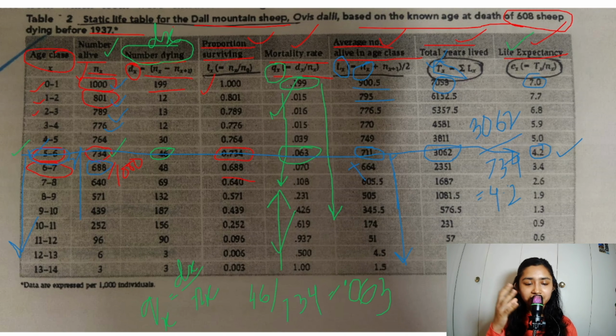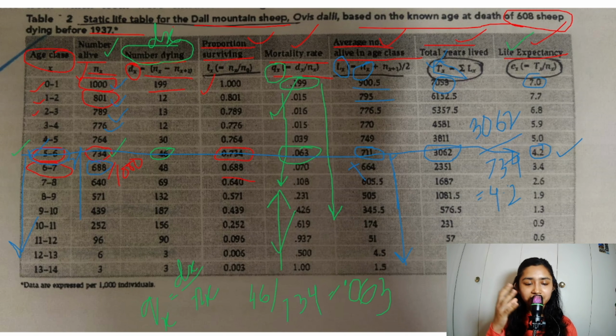I hope you understood this static life table and how the important parameters are taken out and how you can know about the population from this life table. For each age group, you can say about their mortality rate, their average life in the age class, the total years lived, and their life expectancy.